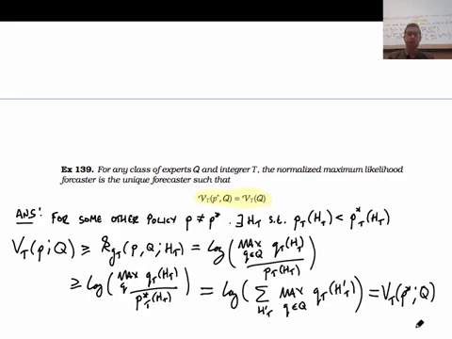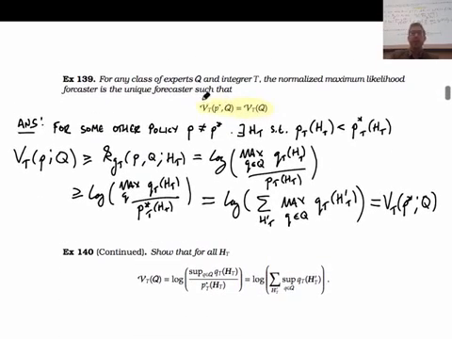So in other words, the worst thing that can happen to policy P is worse than the worst thing that can happen to my policy P star. Okay? That's what that's interpreted as saying. But of course, this is the minimum.